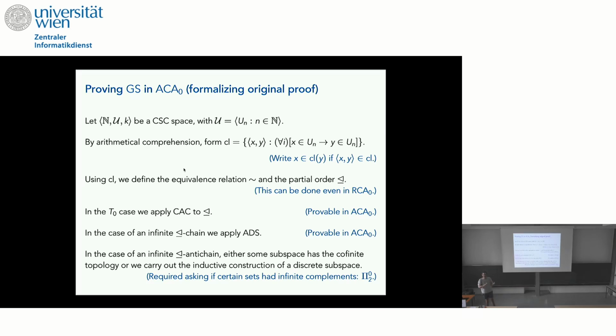And the inductive construction just was what? It used the assumption that no subspace has the cofinite topology, and therefore it used the fact that if you give me any infinite subspace, I can find a neighborhood, an open set, which has non-empty intersection with it and infinite complement. So I have to ask questions about whether this is infinite. Those are some Pi^0_2 questions, uniformly in what's going on. So ACA_0 can, of course, do that.